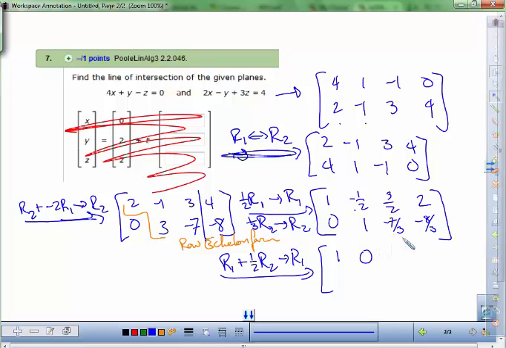Now the rest is a bunch of tedious arithmetic. -7/6 plus 3/2, -2/6. Did I do that right? I'm trying to do fractions in my head, and that really hurts. Plus 2/6.